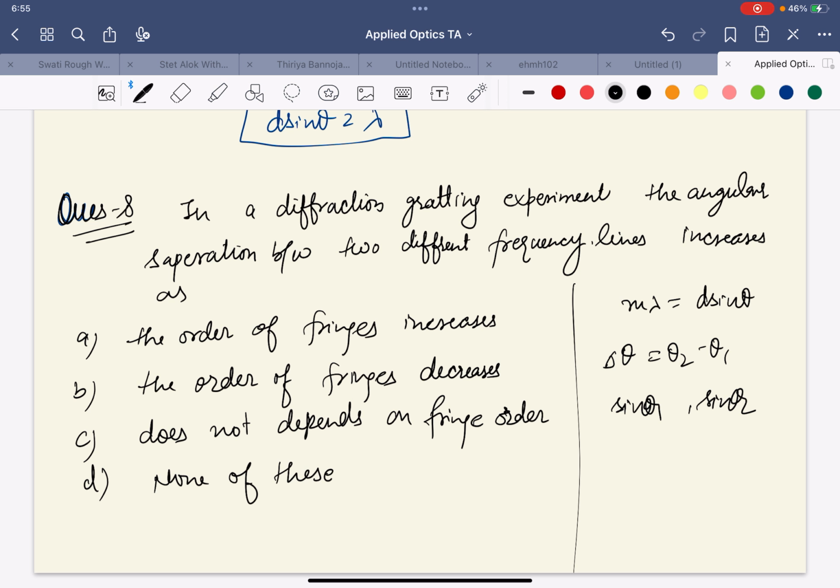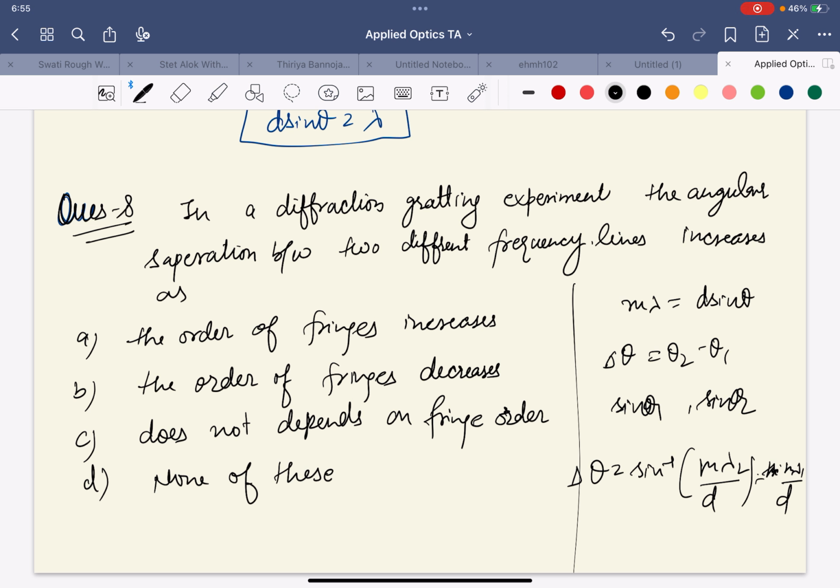Thus delta theta is sine inverse of m lambda 2 by d minus sine inverse of m lambda 1 by d. This equation shows how the angle at which different wavelengths are diffracted depends on the grating spacing d and the wavelengths lambda 1 and lambda 2.